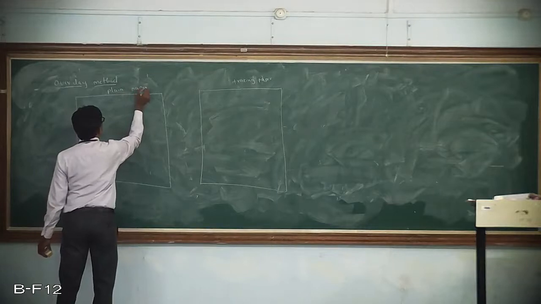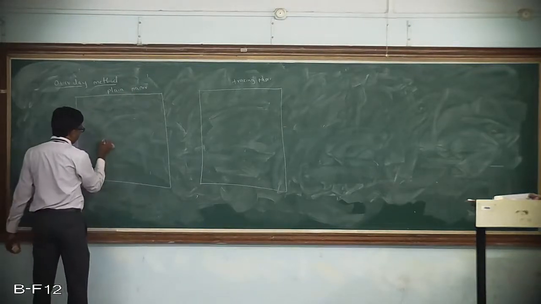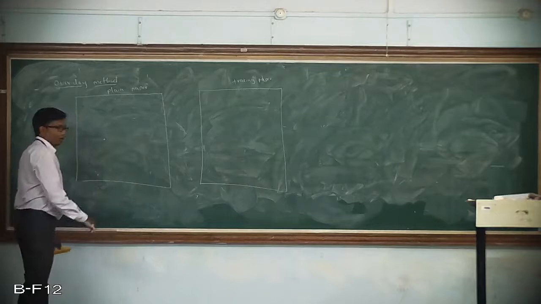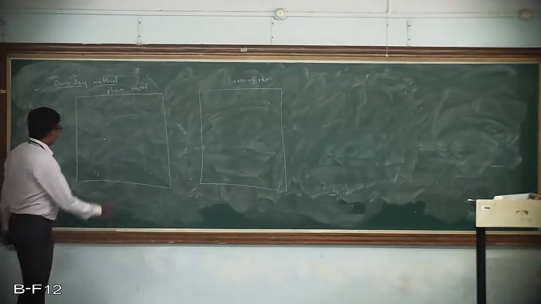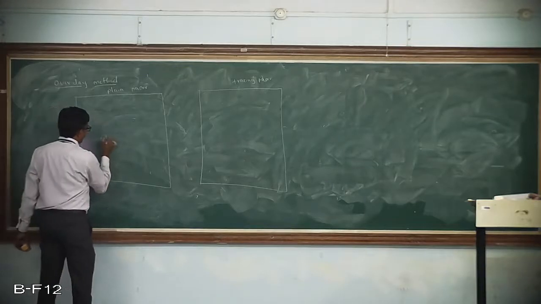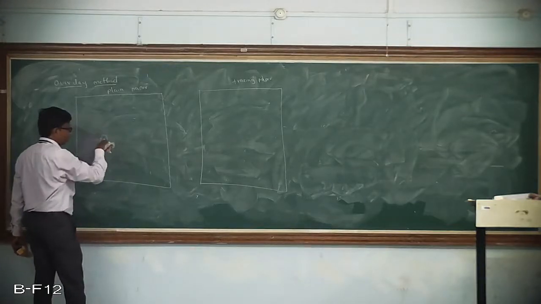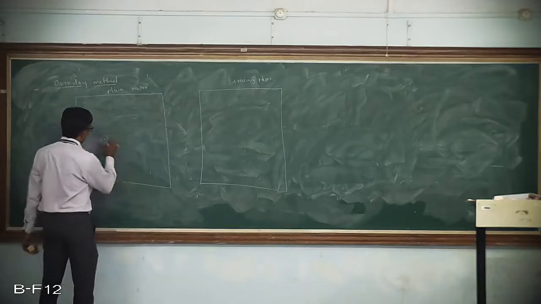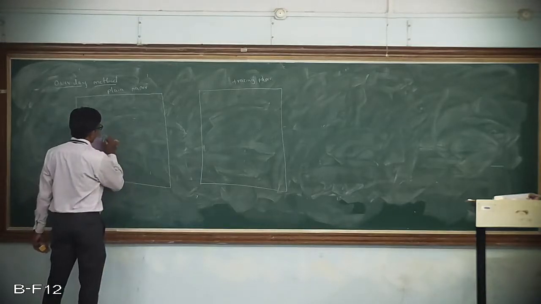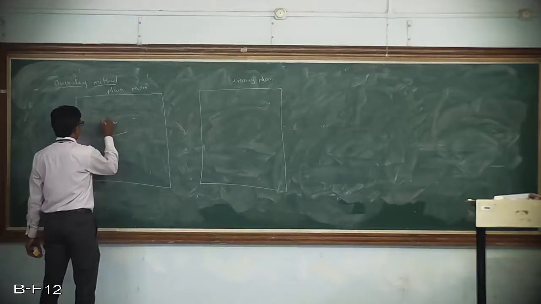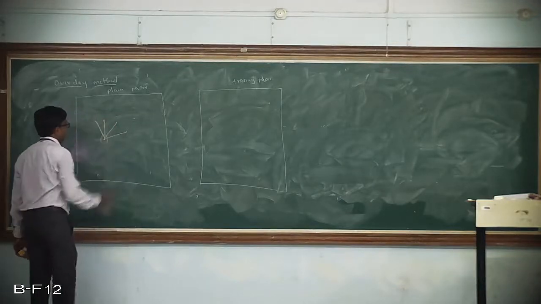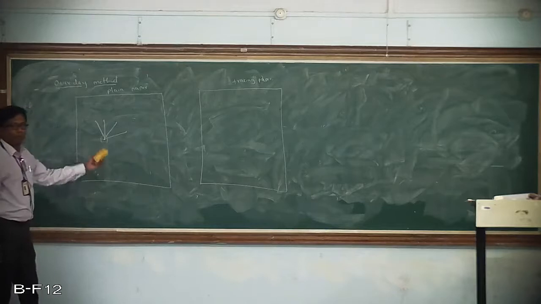First, we'll try to locate the crank positions on a plain paper. We'll assume the crank length and draw the different positions of the crank.